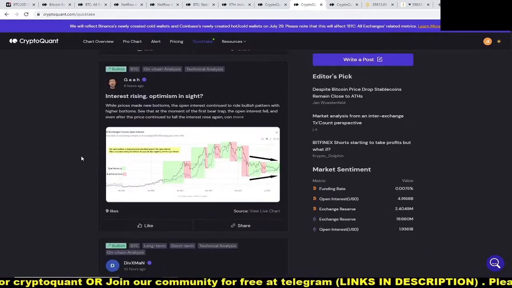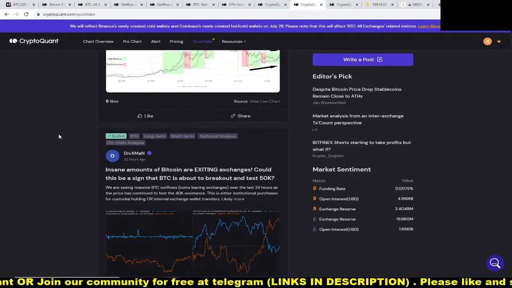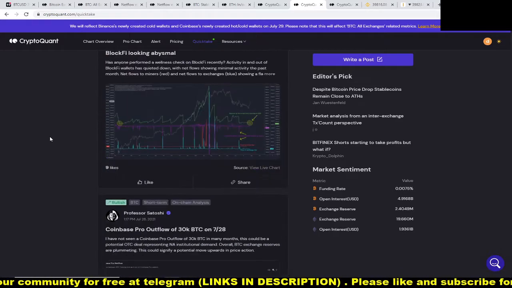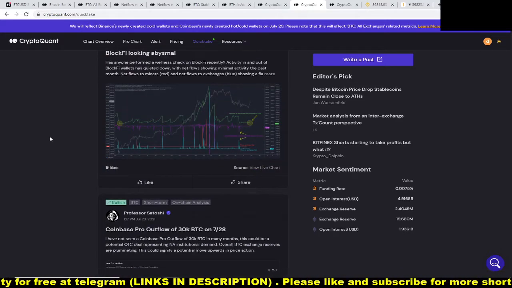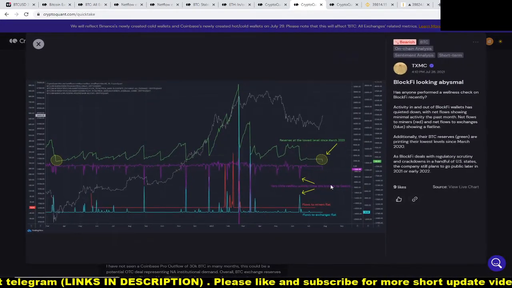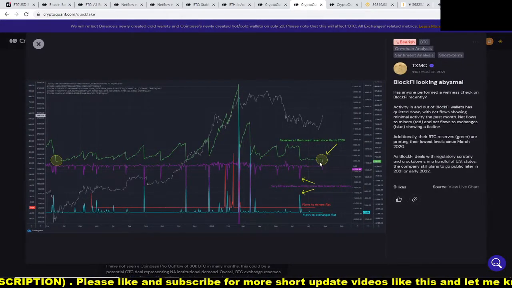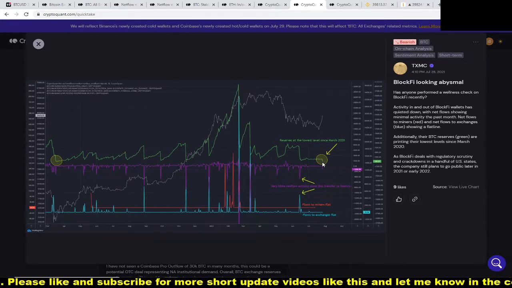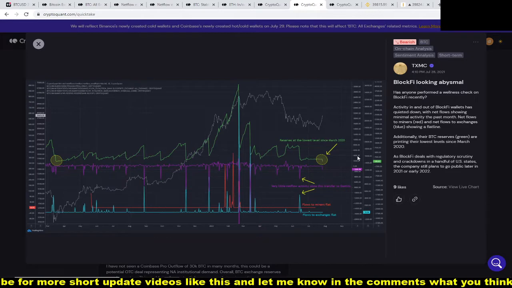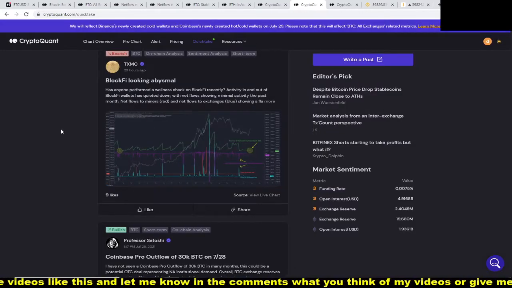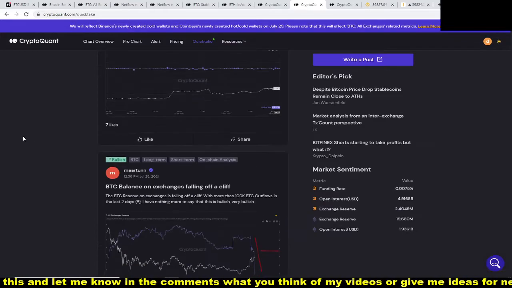I mean, this section you can really learn a lot of these things, and just like this, reserves at the lowest level since March 2020. I wasn't checking that, but just by being here in this zone, I right now know the Bitcoin reserve on exchange is the lowest since March 2020.